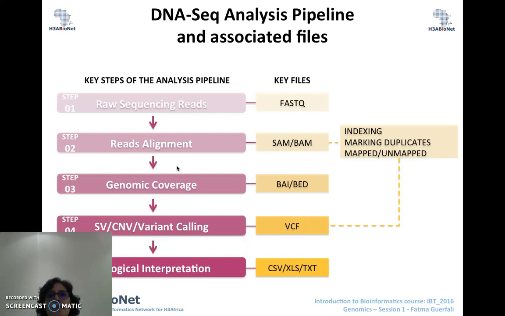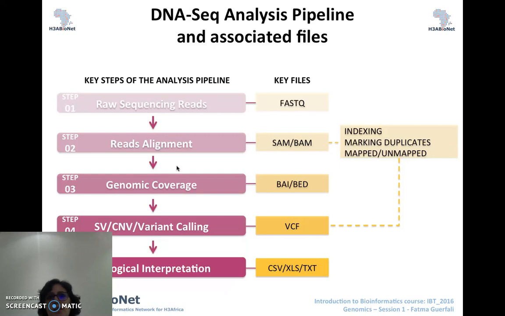So you have here an example of the classical key steps of a pipeline of analysis. I simplified it here, restricting it to a certain number of files that are generated at each step.